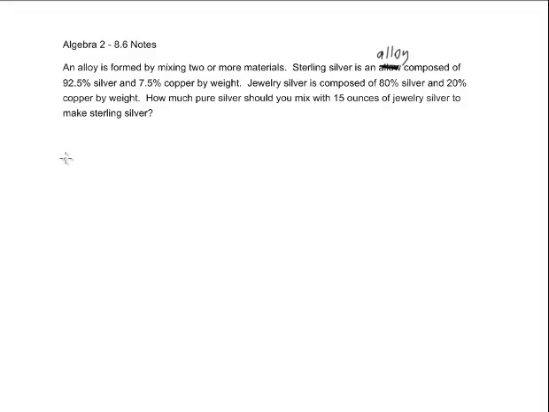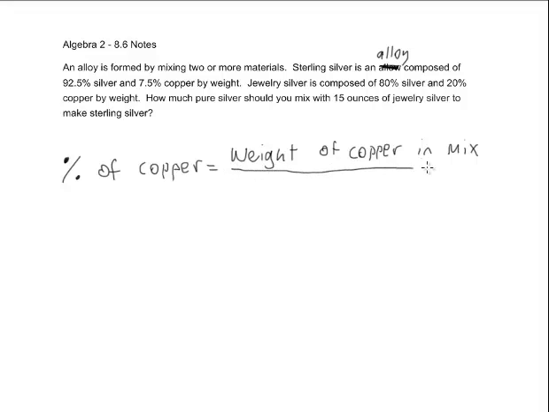We're going to talk about the percent of copper is equal to the weight of the copper in the mix, and we're going to compare that with the total weight of the mixture.